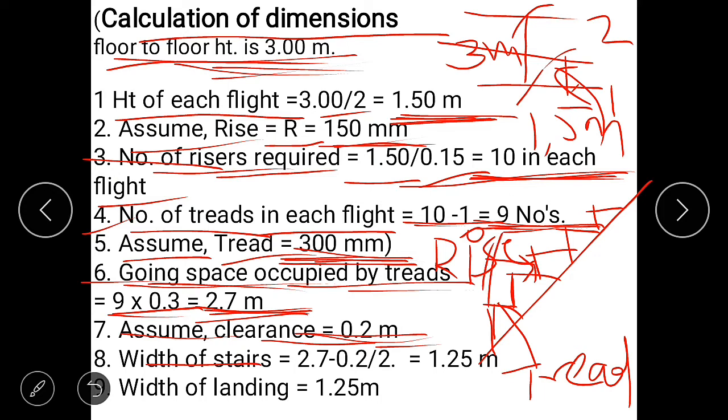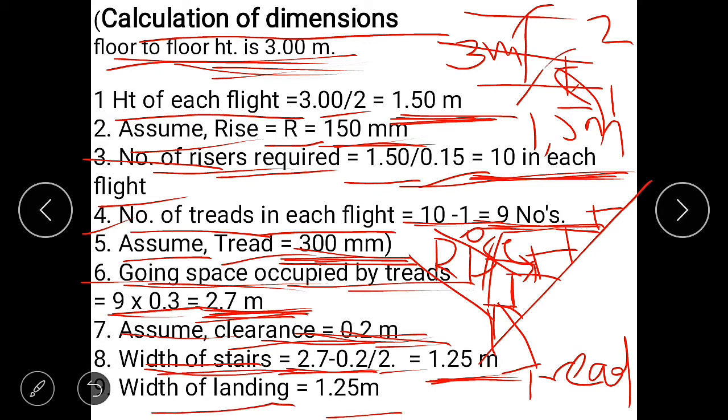The going space is 2.7, minus the assumed clearance 0.2, divided by 2, so 1.25 meter is the width of stair. Last is the width of landing. Width of landing is 1.25 meter. Same, width of stair is equal to width of landing.